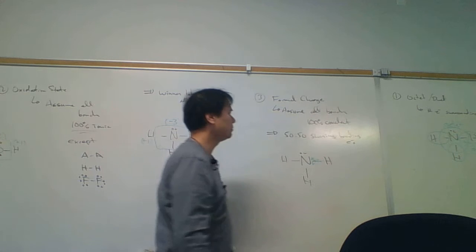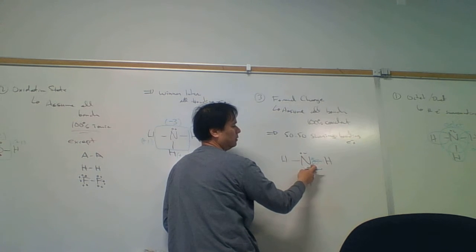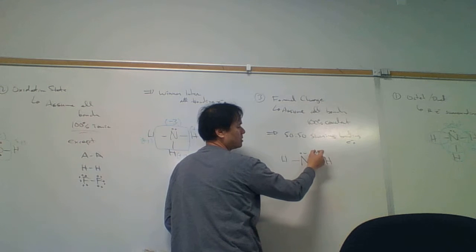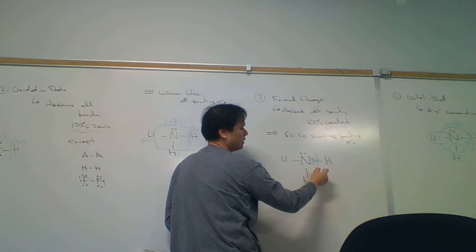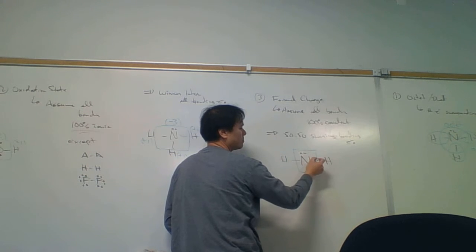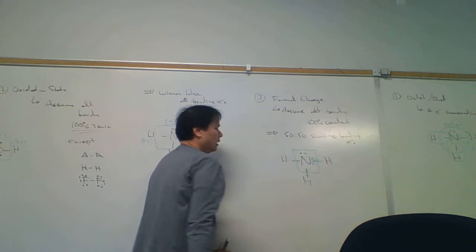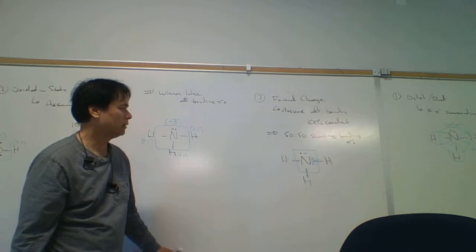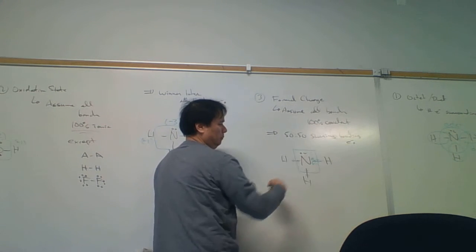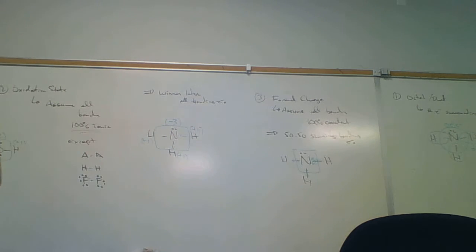But when we do formal charge, we ignore that. This is a polar bond, but we're going to say it's a non-polar bond. Split it down the middle. So we're going to share the electrons equally. In reality, they aren't shared equally, but this is a way of counting electrons.